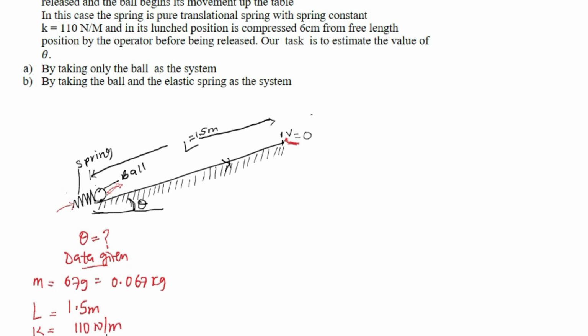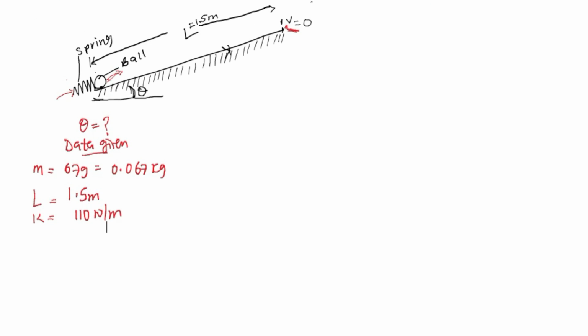The question says the spring is compressed 6 cm from the pre-launch position by the operator before being released. So that makes the 6 cm the extension e of the spring. 6 cm is equivalent to 0.06 meter.